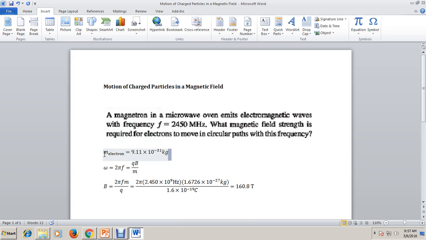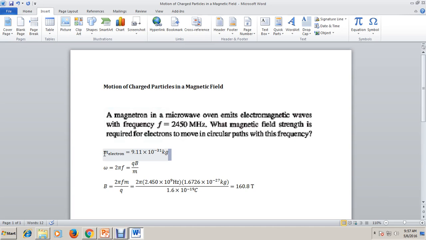And for the information of everybody, the mass of an electron is a known constant in physics and in science. You could Google it, and I am expecting that you will get the result 9.11 times 10 to the negative 31 kilograms.